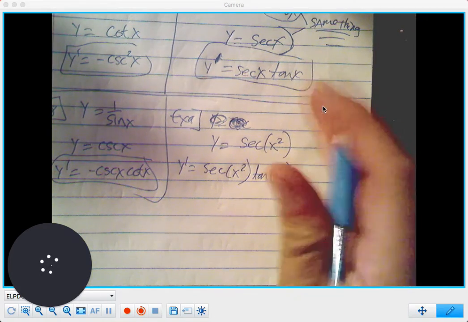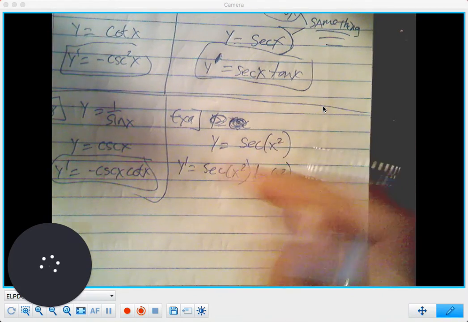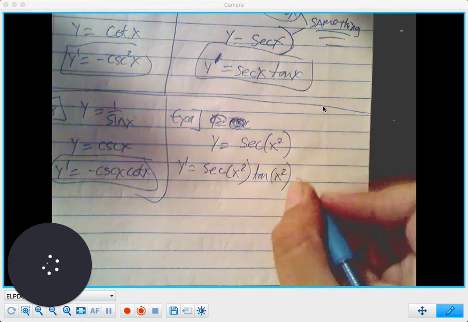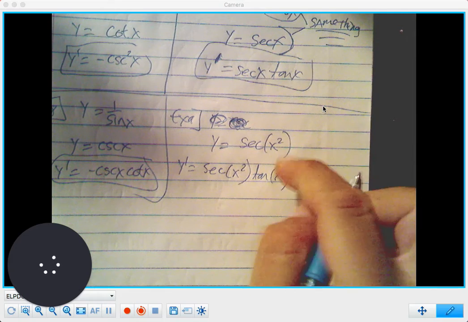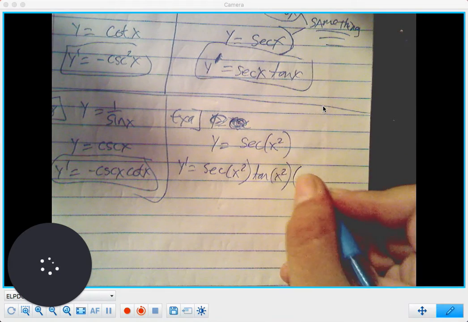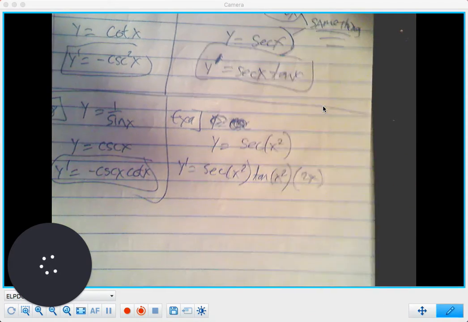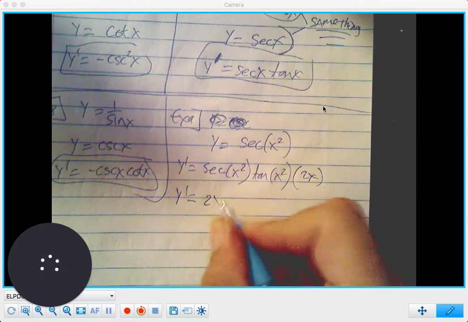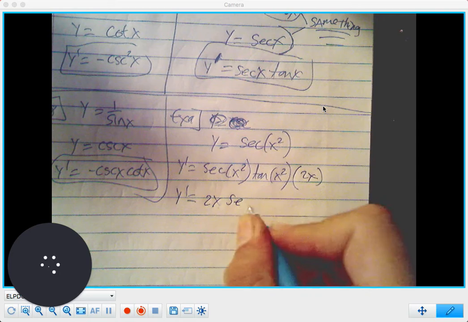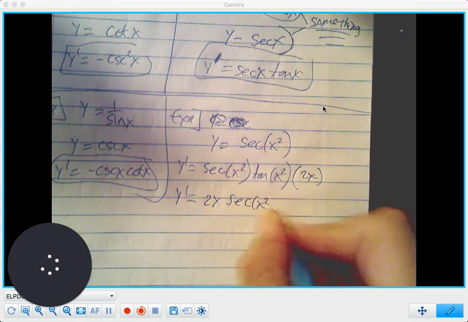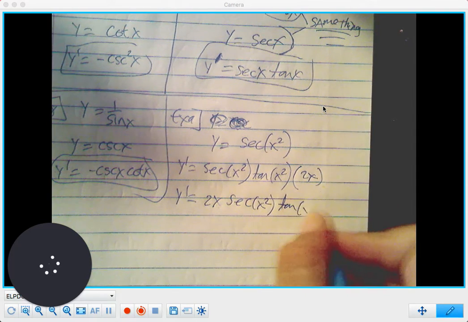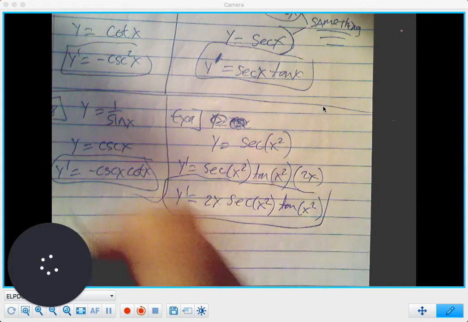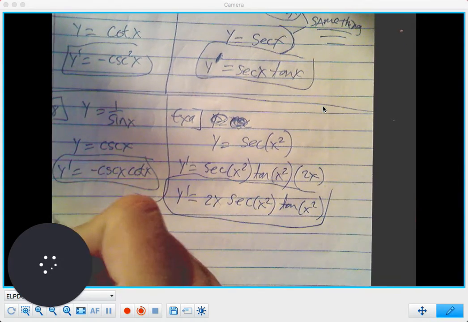The derivative of secant is secant tangent of that thing. Now, I need to take the derivative of the inside. What is the derivative of the inside? 2x. Just to make it prettier, you put the 2x all the way in the front. So 2x secant x squared tangent x squared. That would be the answer.